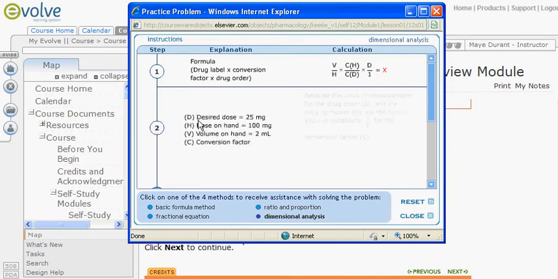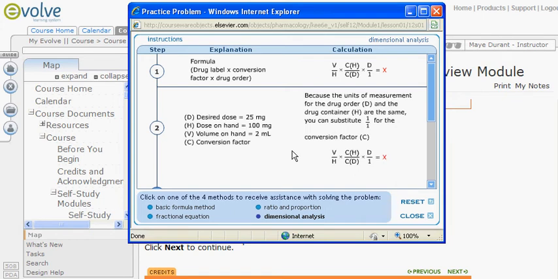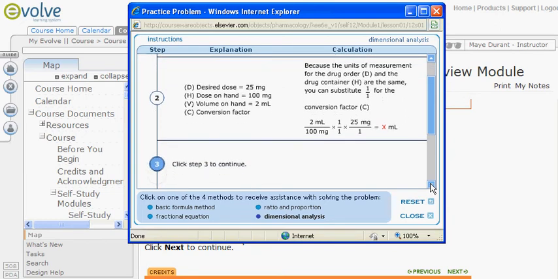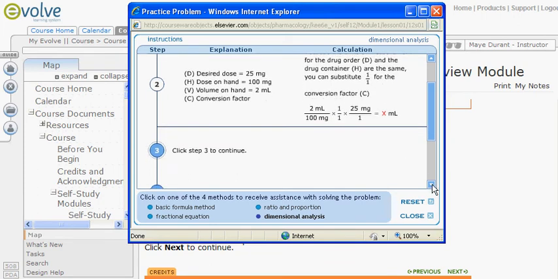Now it's going to show you exactly step by step how to break this problem down, and I've used the steps with you basically and showed you how to set this up. Again, a lot of people don't understand why you have those middle numbers in there, and it talks about what you can substitute for so you don't have to move your decimals.